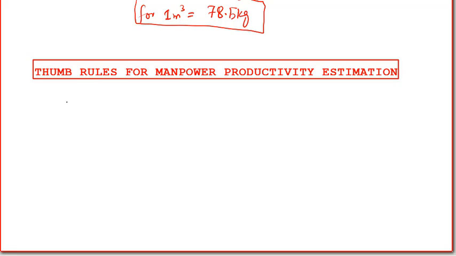I will divide it into a few columns to make it easier. I will write the serial number, then manpower, then what sort of activity they will do, and then what the output is going to be.